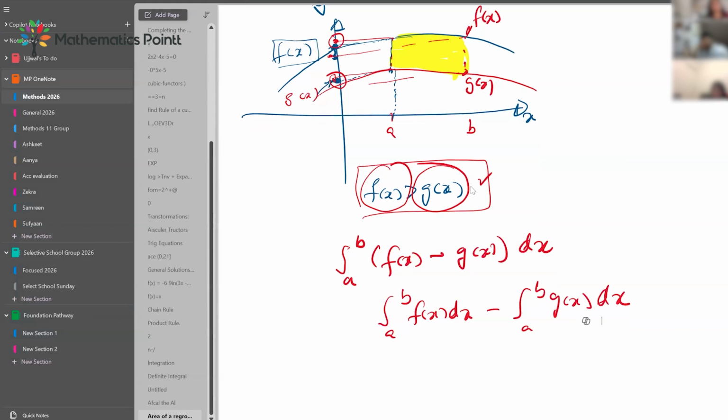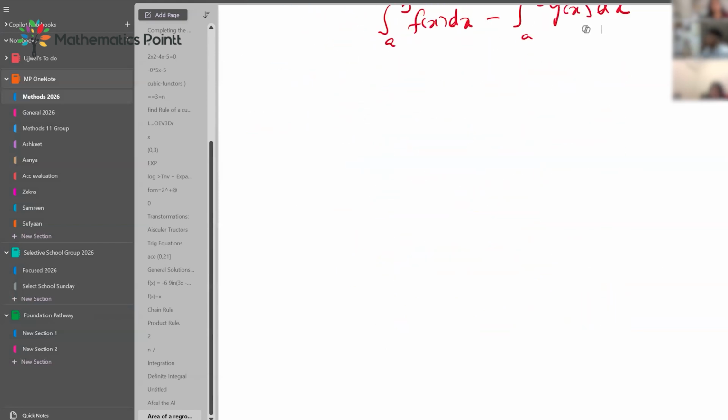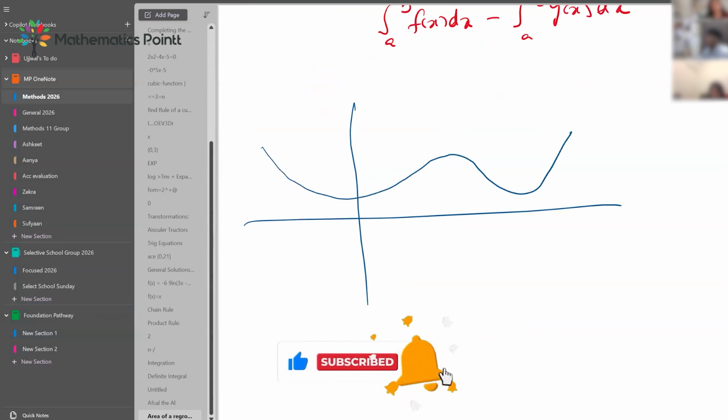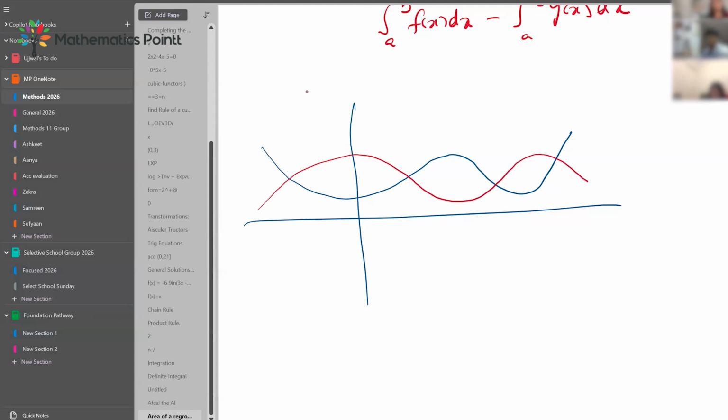Now, if I have a curve like this, the other curve could be like this. Let's say this is f of x, this is g of x, and I have to find the area between the curves. Let me make some more space here.